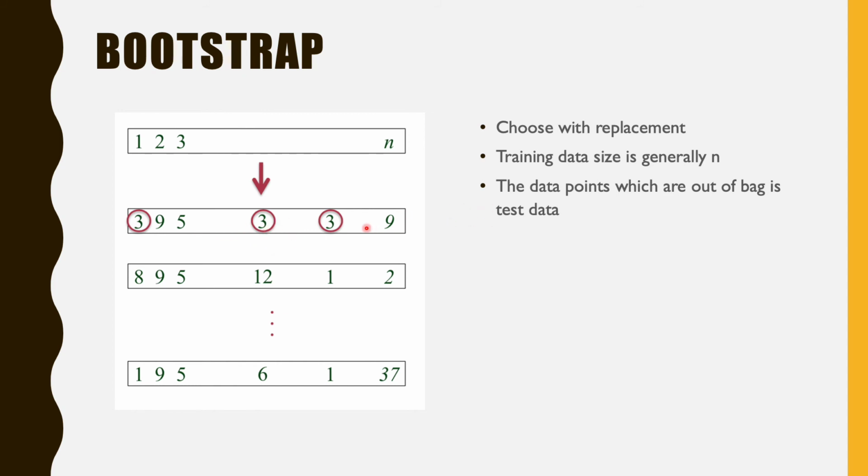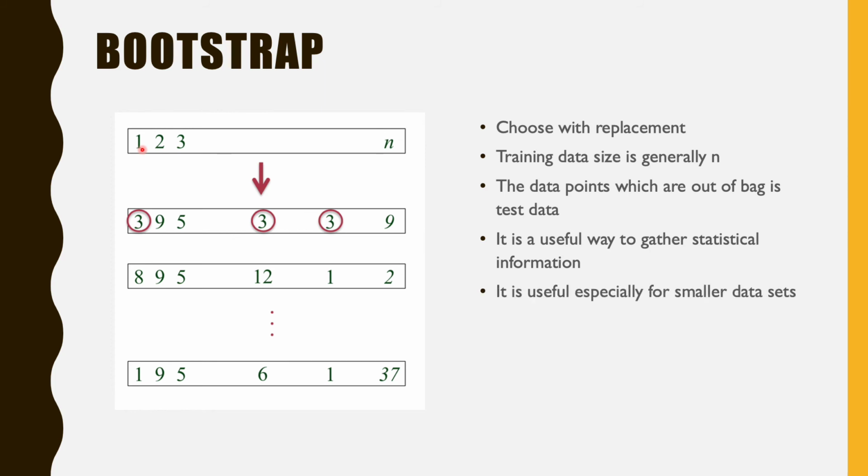I can use these two as my test data sets. It is a useful way to gather statistical information, especially for smaller data sets. If you have a smaller data set, you can resample it several times with replacement and use those samples in your analysis.